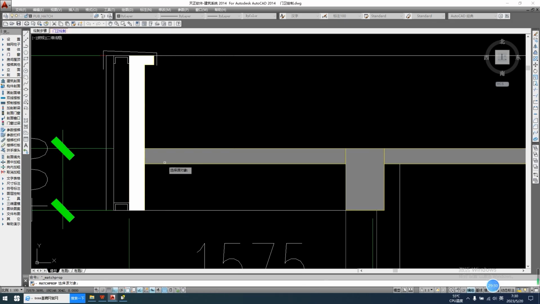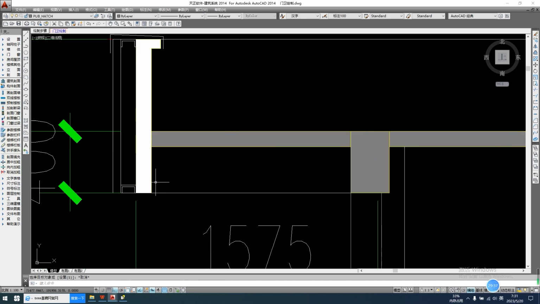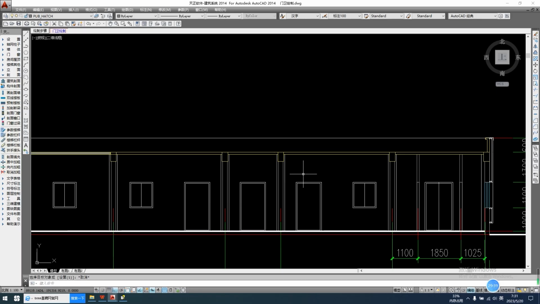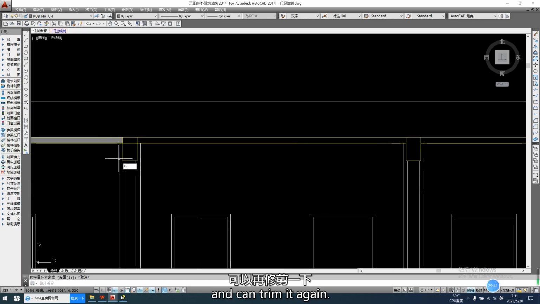Modify this layer, and can trim it again.